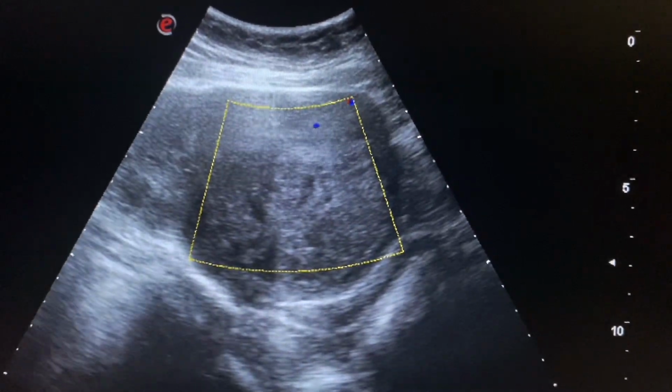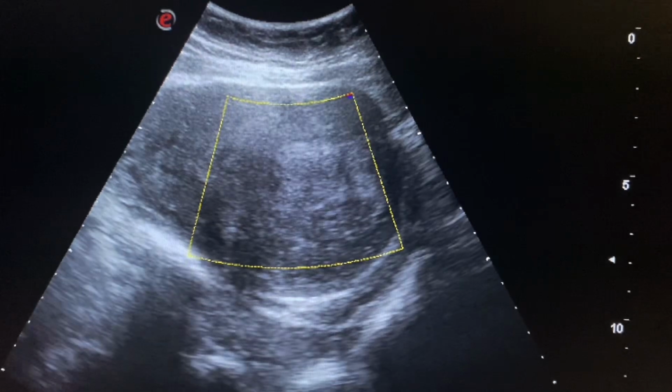Now on color Doppler we see internal flow present.